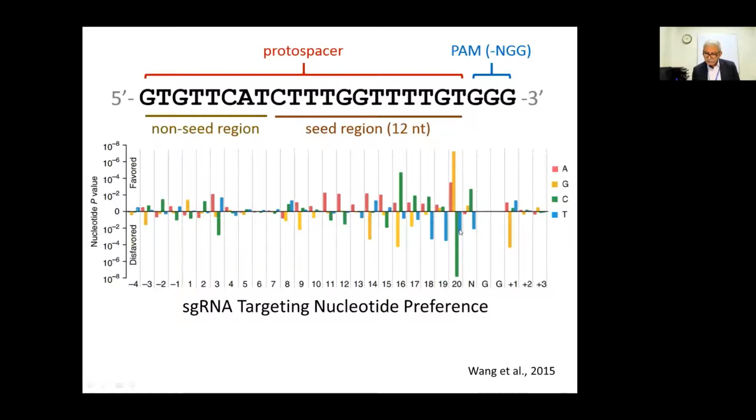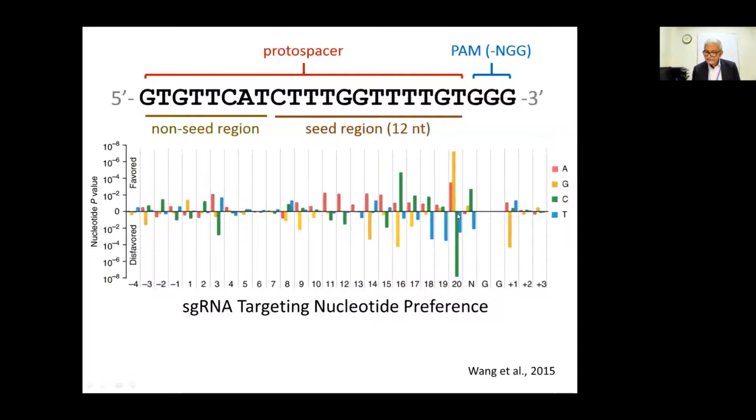So towards the PAM site at position number 20, the highest specificity is obtained if the 20th nucleotide is either an A or a G. Okay?